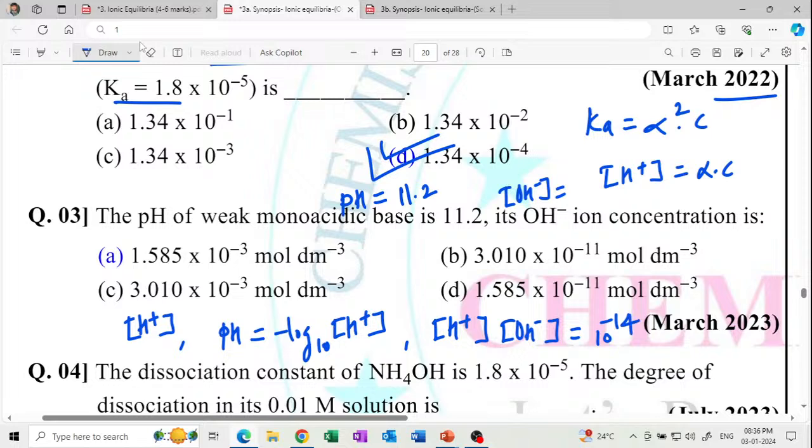This is the formula. For the weak monoacidic base, calculate the H plus ion concentration from the pH 11.2. After calculating it, put the H plus value into this relation to get the OH minus ion concentration. So 1.585 into 10 raised to -3. This is your answer.